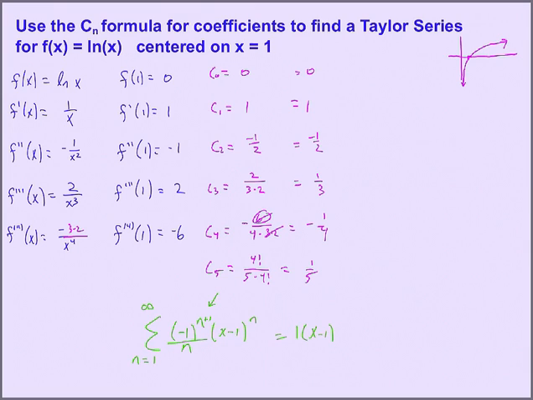The next term is negative, because it's negative 1 to the 3rd, so we're up to the negative term, over 2 times x minus 1 to the 2nd. And that matches this times x minus 1 to the 2nd. And the next one will be 1/3 times x minus 1 to the 3rd, and so on. And so that is the Taylor series for ln of x.